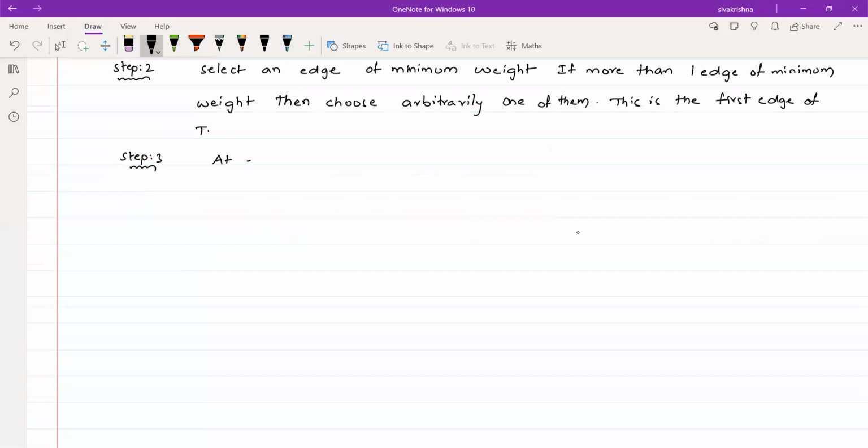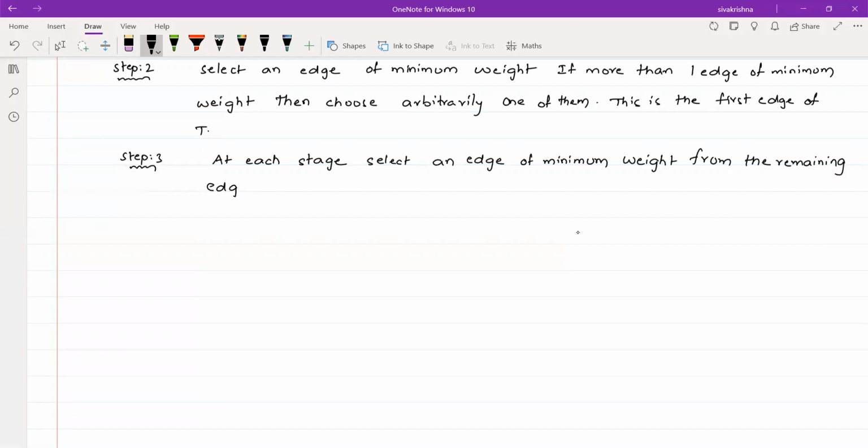At each stage, select an edge of minimum weight from the remaining edges of G. It means every time we have to select an edge with minimum weight.